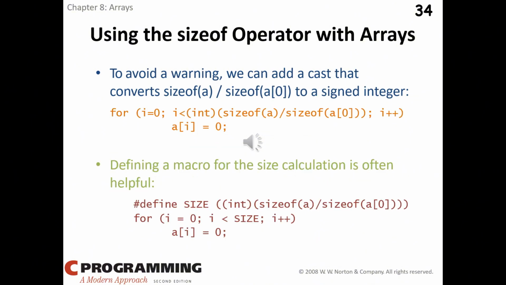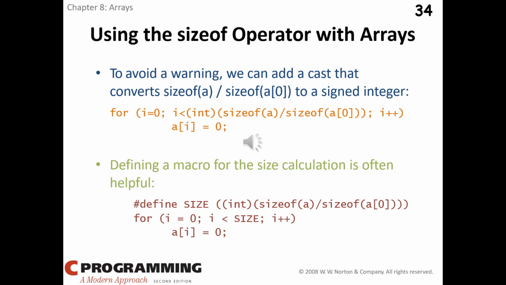And to avoid the warning I talked about in the previous slide, we can add a cast, or casting, an instruction that tells the compiler how to interpret the data. So we cast sizeof A divided by sizeof A[0] to a signed integer by putting int in front of it. Then our loop looks like the code in the orange color, the one on the top.